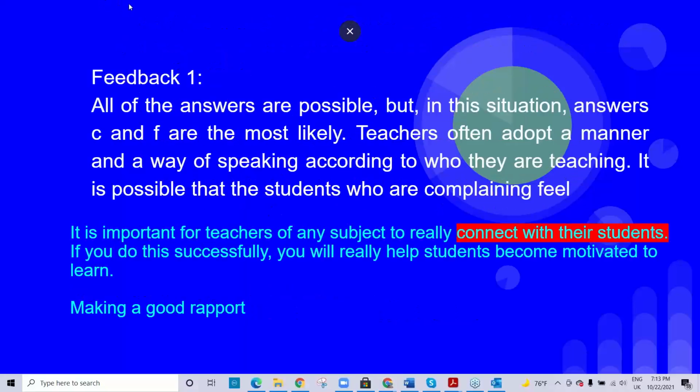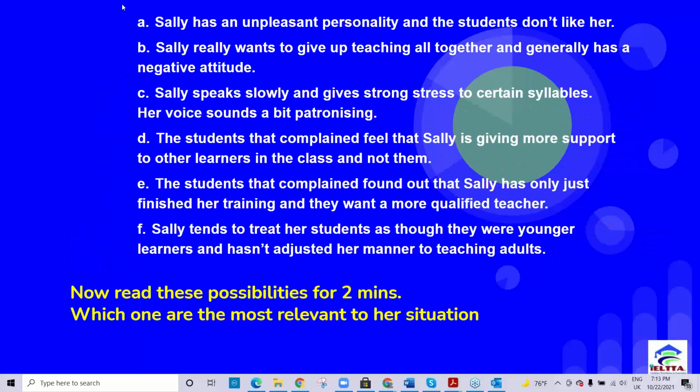Okay, so read these possibilities for 2 minutes and decide which ones are the most relevant to her problem. You can write your answer in the chat box.